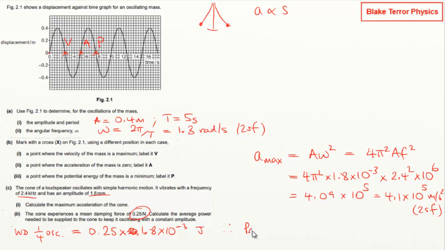So therefore the power is going to be equal to whatever that is, divided by a quarter of the time period. So it's going to be 0.25 times 1.8 times 10 to the minus 3 divided by T over 4. So we can get rid of that and then divide by 3 T.